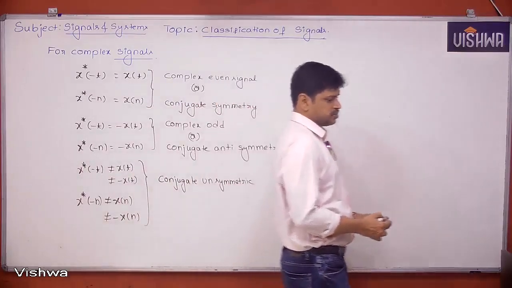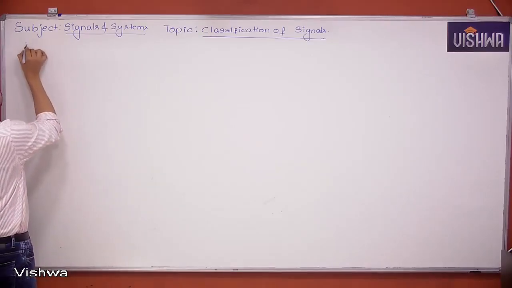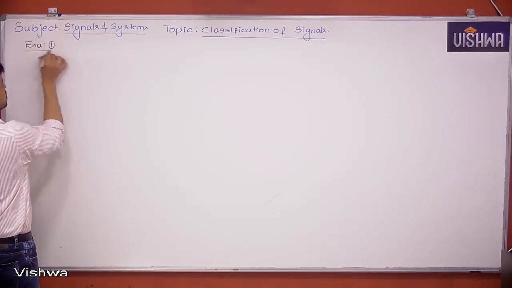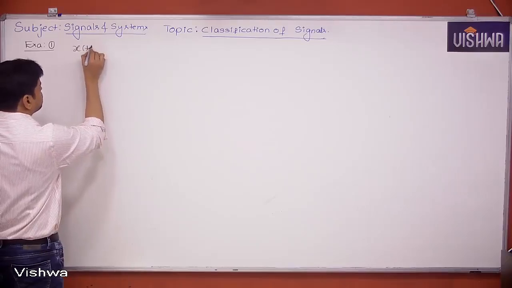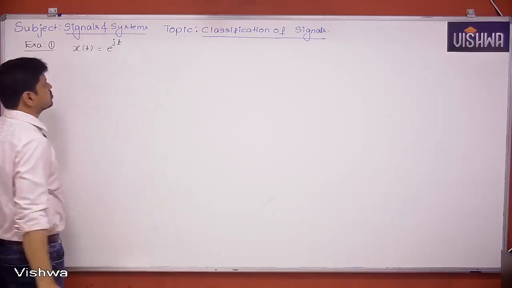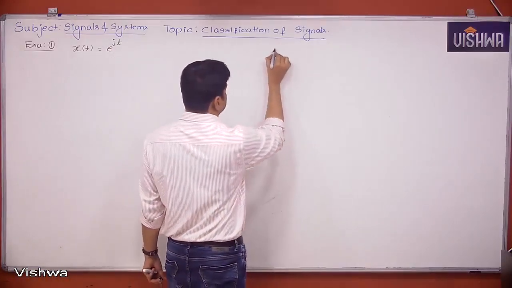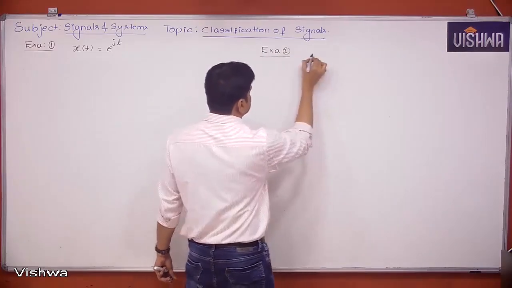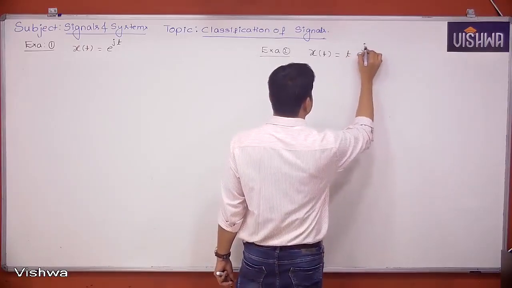Okay, take it. I will take 3 examples, let's say. Don't write, first listen carefully. Example 1, x of t is equal to e power jt. Example 2, x of t is equal to t e power jt.